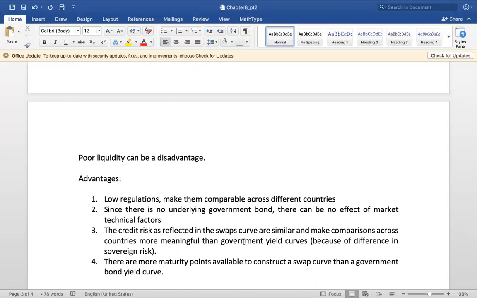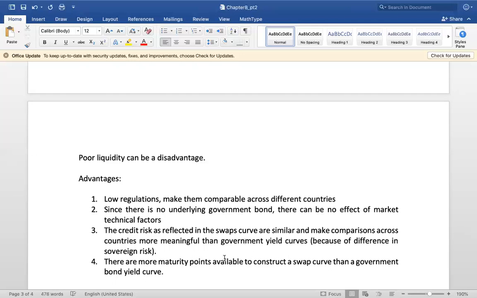What we mean by market technical factors is that the supply of swaps depends only on the number of counterparties that are seeking or willing to enter into swap transactions, right? It does not depend on the yield of the government bond.